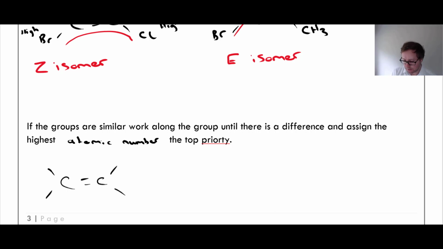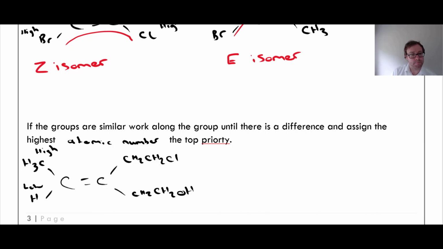For example, if I had H3C on this side and H on this side, and CH2CH2Cl, CH2CH2OH, I'll look at this side. Well, carbon is 12, hydrogen is 1, so that's an easy side. So this must be high, this must be low.